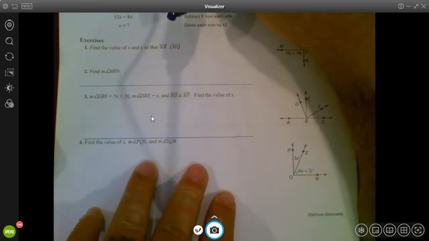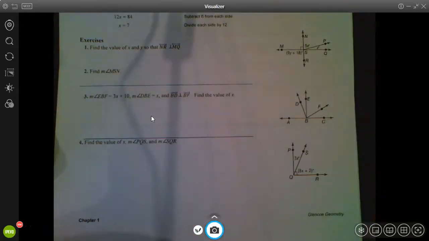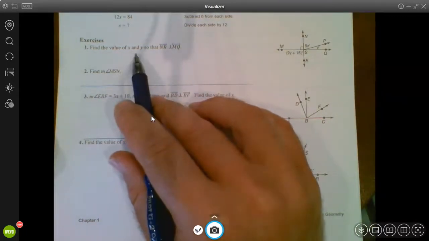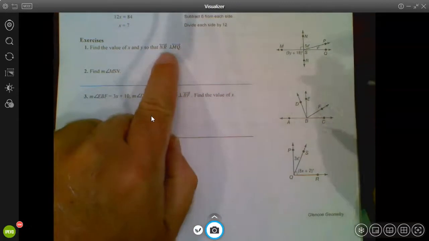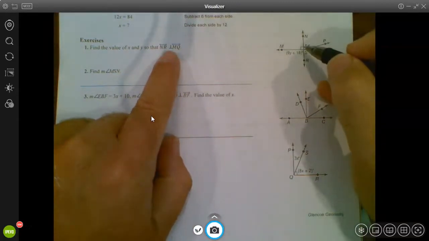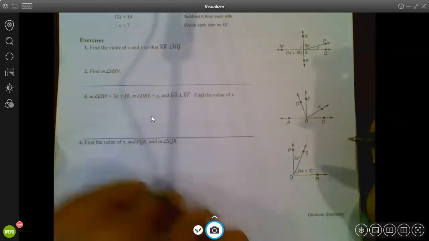Right? Didn't ask anything further. So that's going to be the goal on these guys: let's see if we can, one way or another, set up an equation that would help us solve. So for this one, it's just saying find the values of x and y. They do tell us that these lines are perpendicular, so that's really important. They also marked it on the diagram for us. Okay, and so that's already there for us.